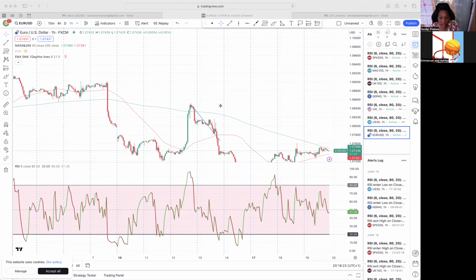I write that: 1.07677. So pips. The amount of pips is just subtracting this number from this number. This shows us how many pips we won. So I'm just checking on my calculator now. 1.07677 take away 1.08443.